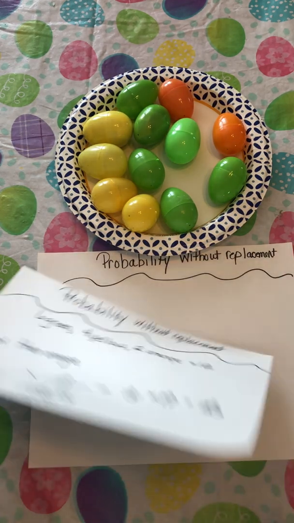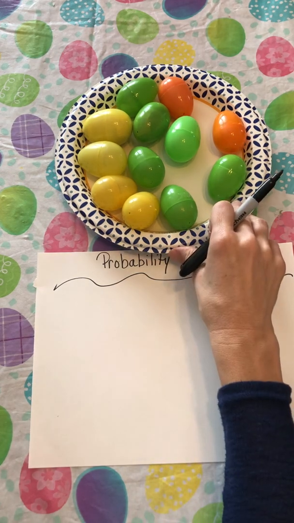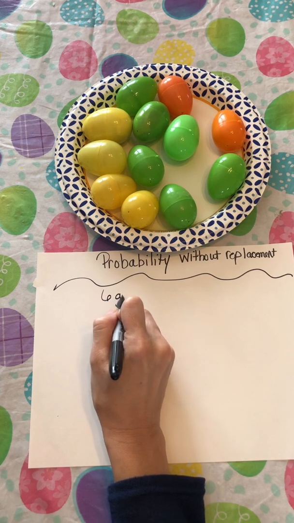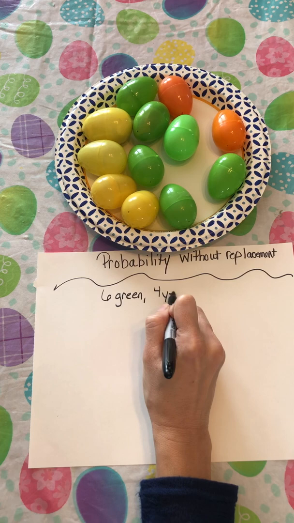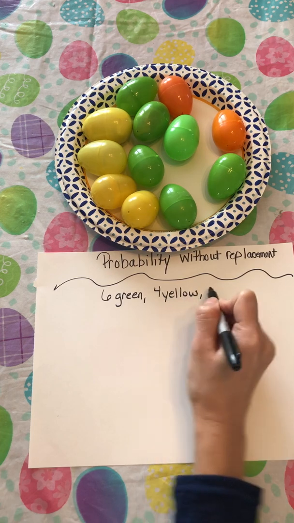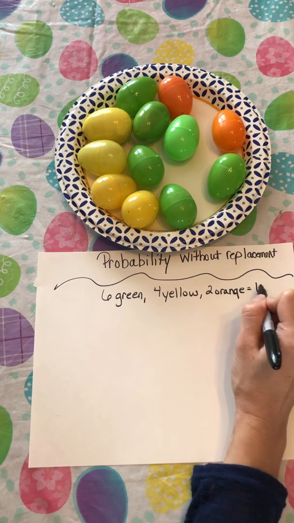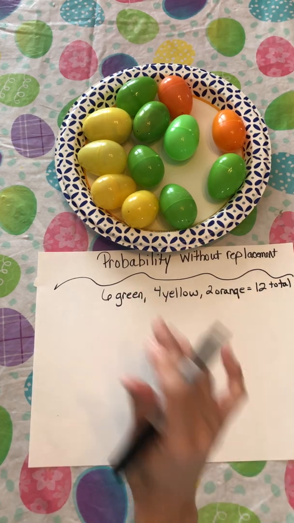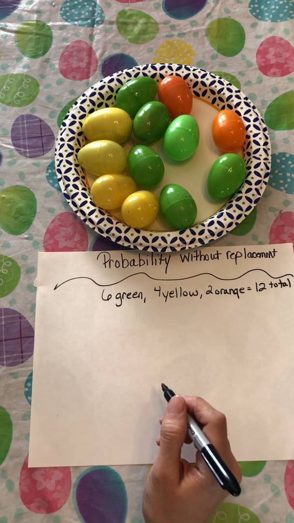Our last example with our probability without replacement. Remember, we have 6 green again, 4 yellow, 2 orange, which gives us a 12 total. We're putting everything back into the container when we do a new example.